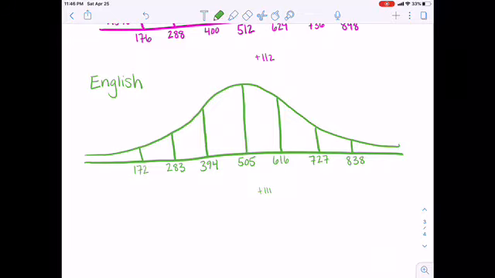Again, I'm going to fill in those percentages, and because it's normally distributed, I know the percentages will be the same. 34%, 13.5%, 2.35%, and 0.15%. And those numbers will mirror on the other side.